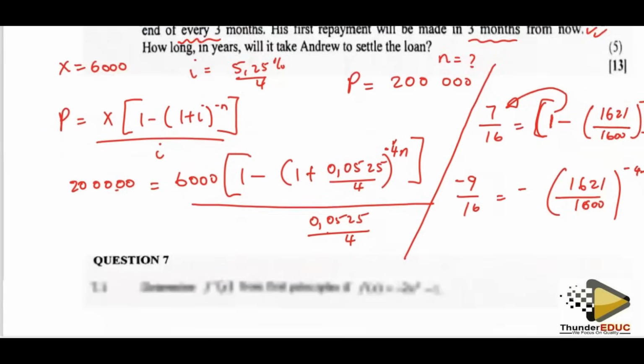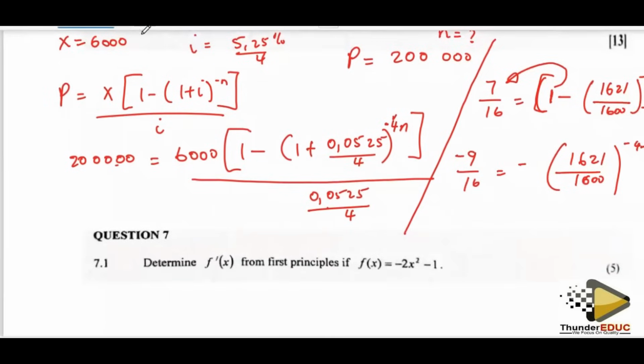And then since either side has the negative, they will cancel out to be a positive. Then I can introduce my logs here. So negative 4n must be the log. Since this is a base, it must also be maintained as a base here. And then this is going to be 9 over 16 as an exponent.